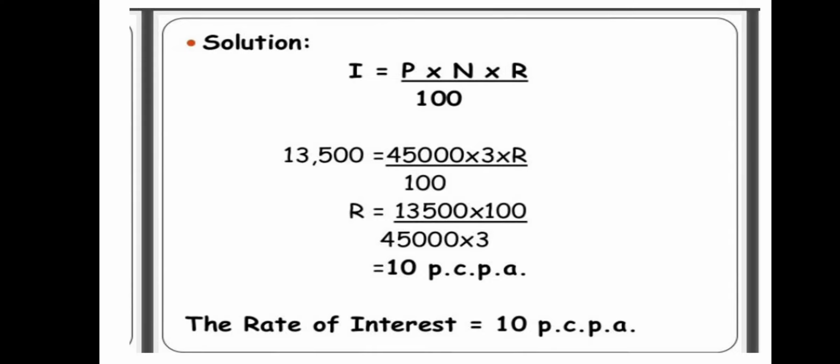We will put in all the values: interest, principal, time, everything. And then for finding the rate, we will move everything to the other side as reciprocals. 45,000 will be divided on the other side and 100 will be multiplied on the left-hand side. After calculating, our answer will be 10. So 10 is our rate of interest per annum, that is, per year.